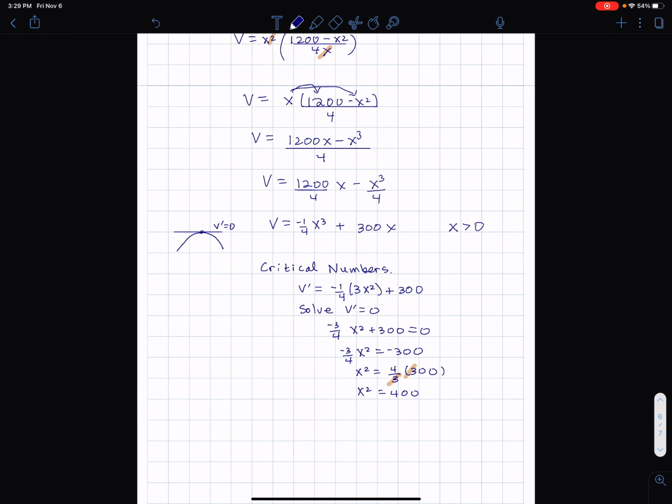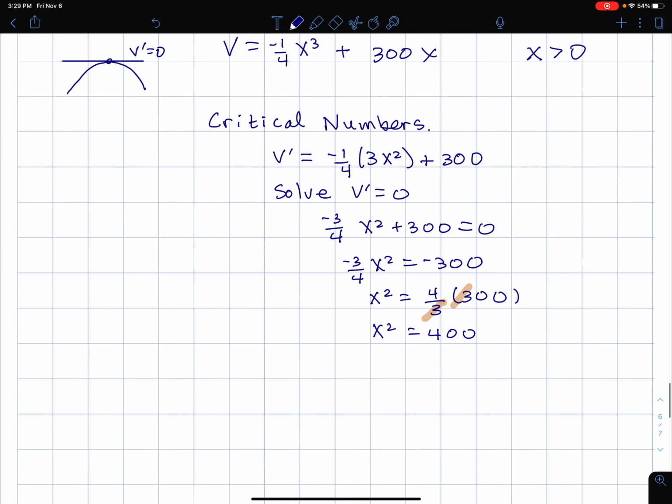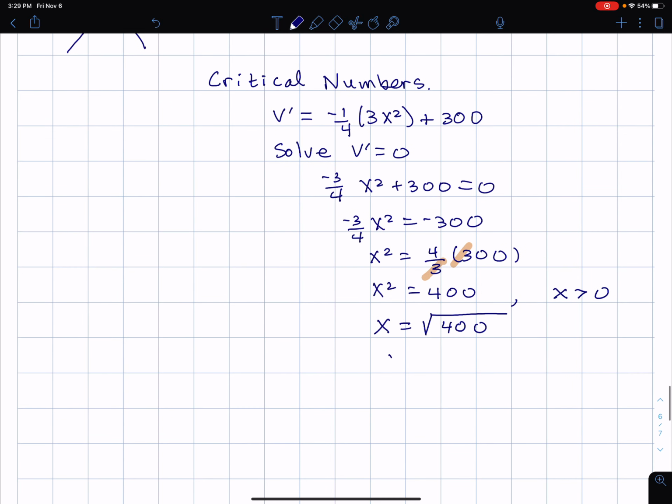Okay. Well, good to go here. I am not going to do a plus or minus, so x is greater than 0. No plus or minus, x is a dimension. So x is 20. All right, now that to me looks good enough.